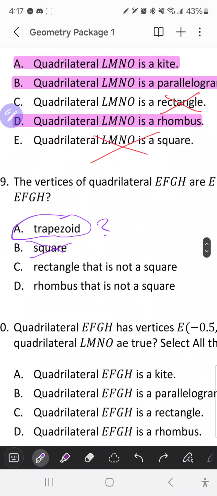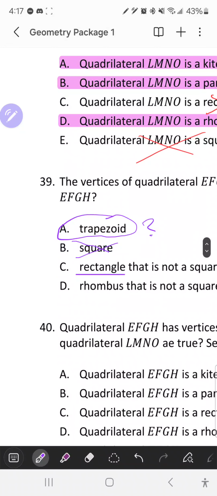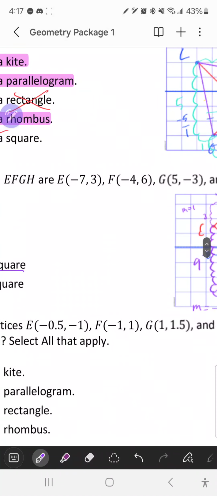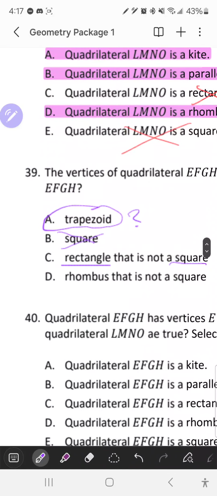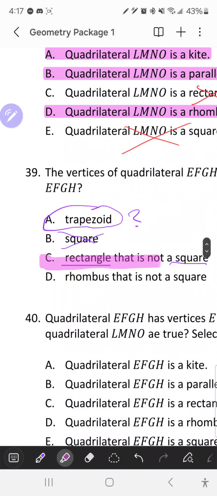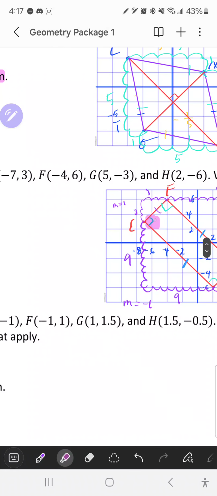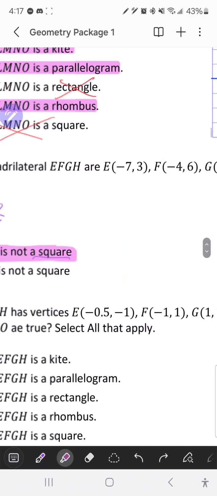So it is a rectangle. And as we defined it, it is not a square because the four sides are not equal. So this is true. And also the right angles, which is one of the requirements for it to be a square.